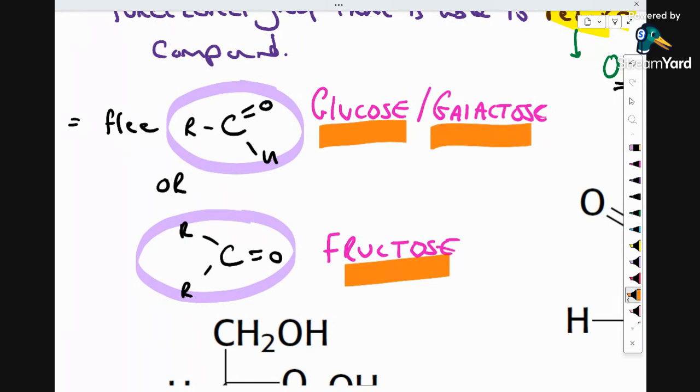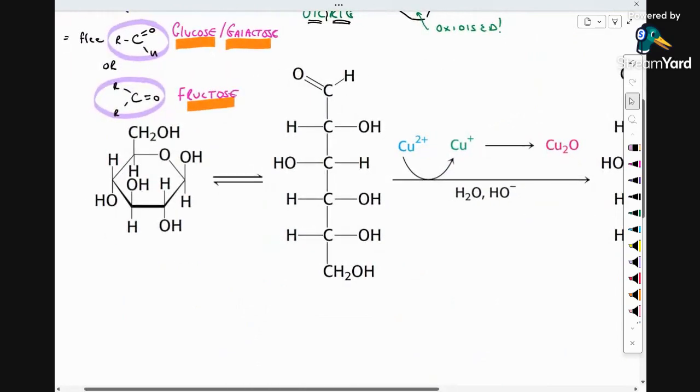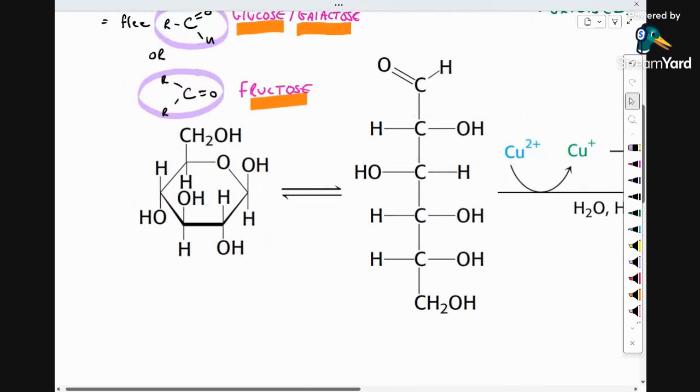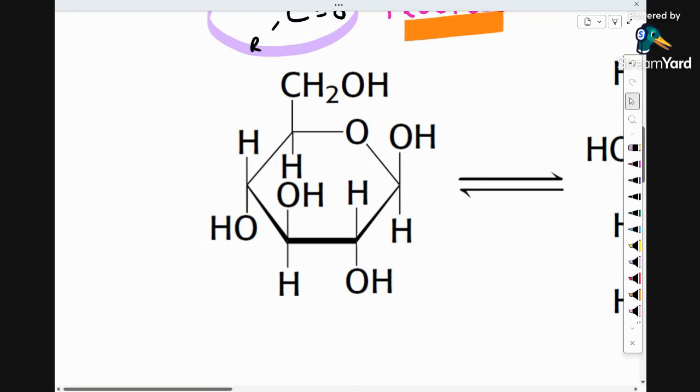So, let's look at this here. This is kind of what's going on. You may look at the structure of glucose like this, and you may question me and ask, where is the free aldehyde group? Or if it was fructose, where is the ketone group? It doesn't appear to exist in the cyclic form. And of course, the answer is it doesn't.